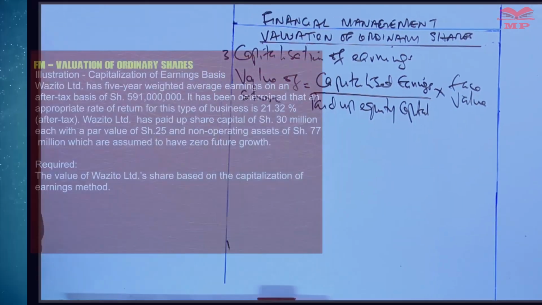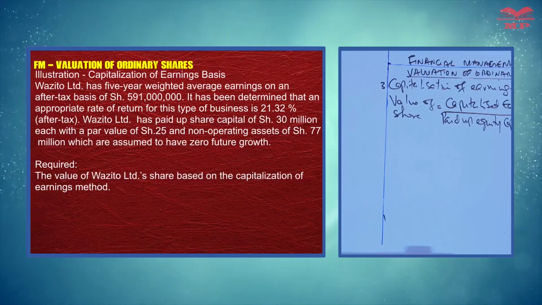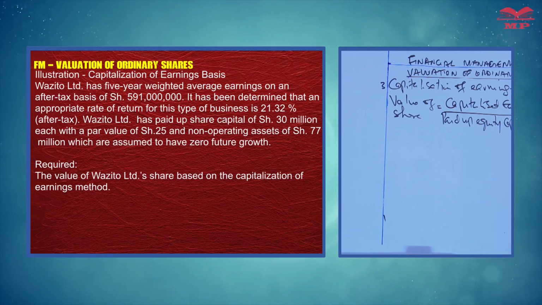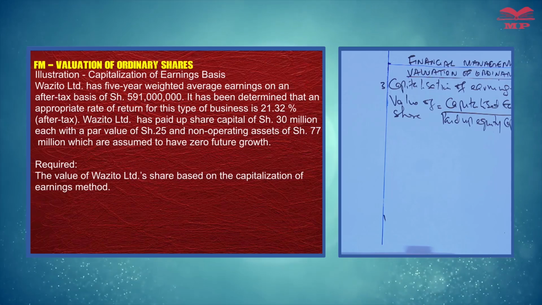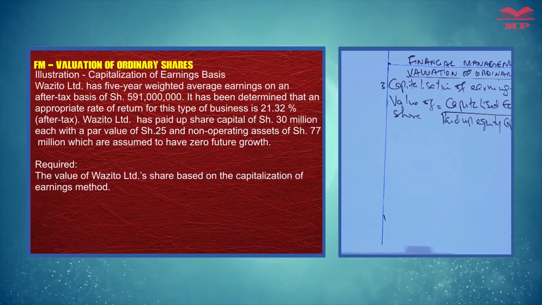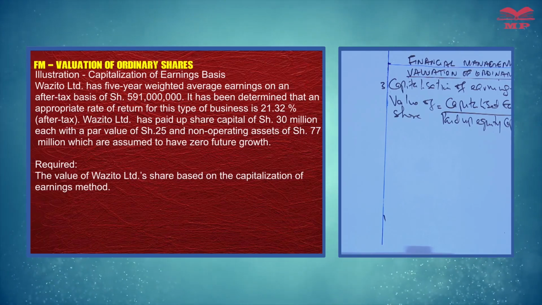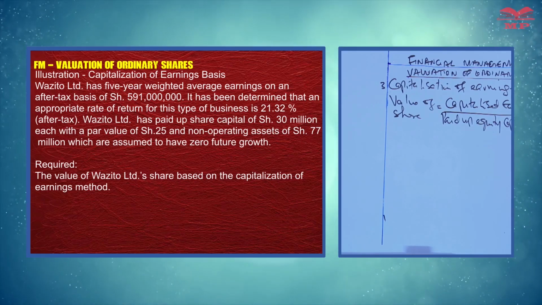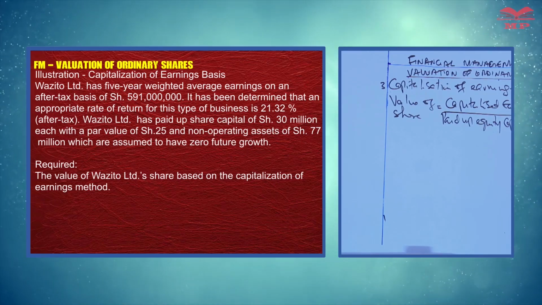Wazito Limited has 5-year weighted average earnings on an after-tax basis of 581 million. It has been determined that the appropriate rate of return for this type of business is 21.32%, that is after tax.